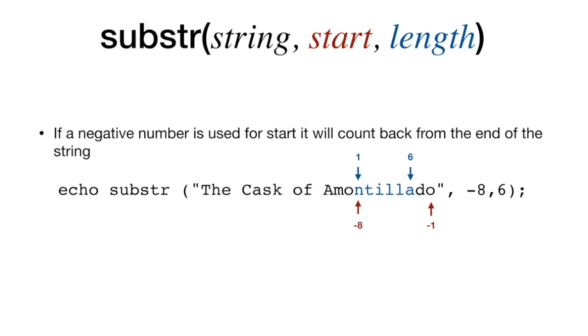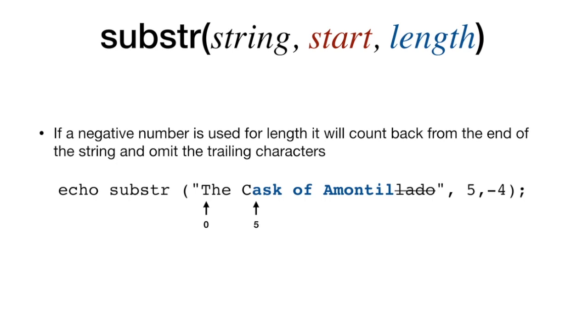If we really want to, we can use a negative value for the length. And if we do that, it'll count back from the end of the string and omit the trailing characters. So what we're saying here is we want a string that starts at position 5: 0, 1, 2, 3, 4, 5.